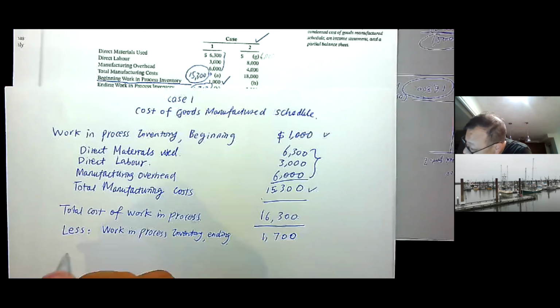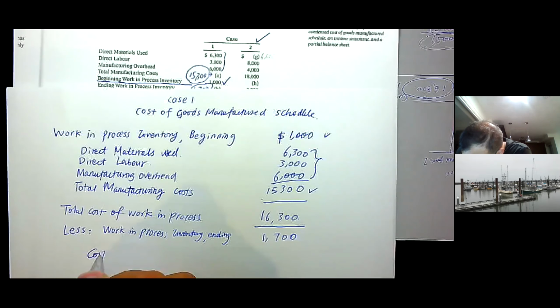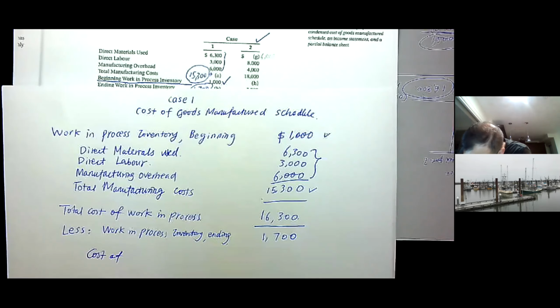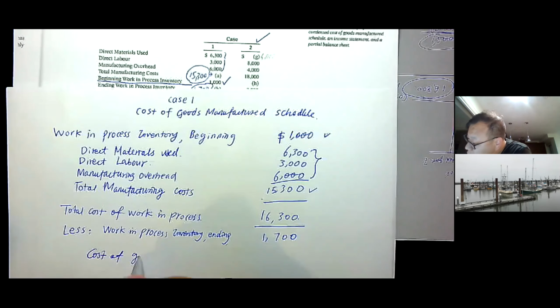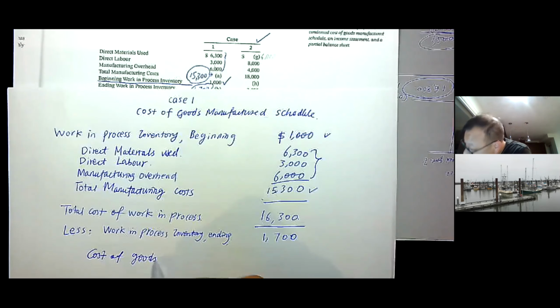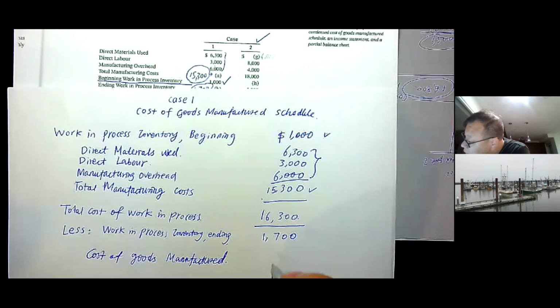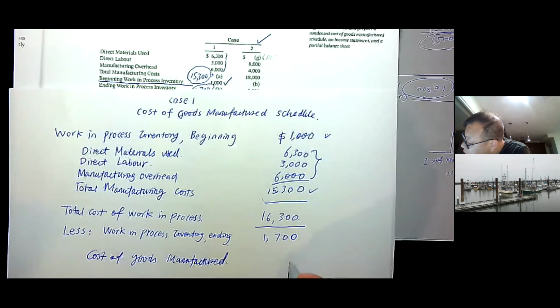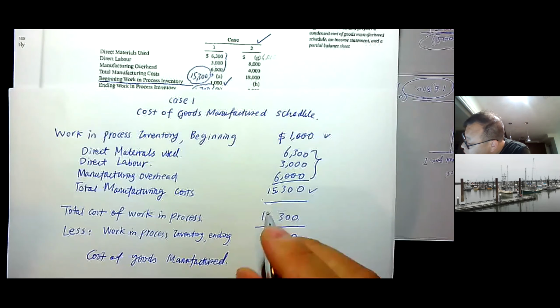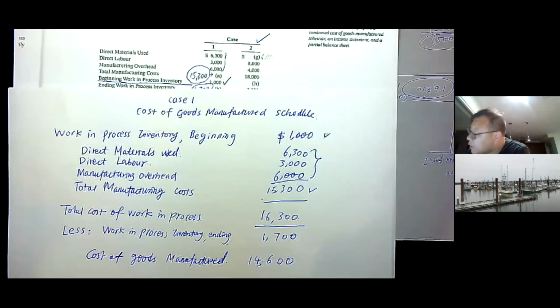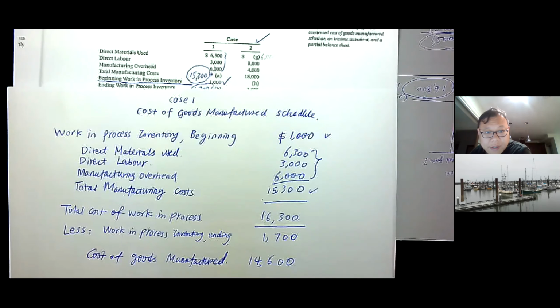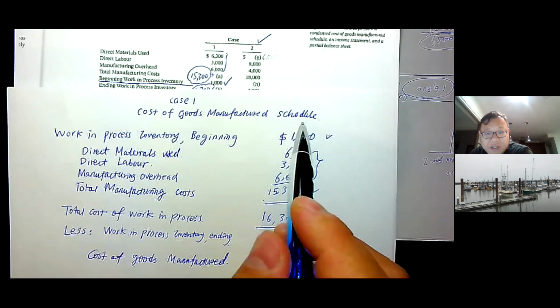So then we have cost of goods manufactured, and this one would be 14,600. Okay, so this is the cost of goods manufactured schedule.